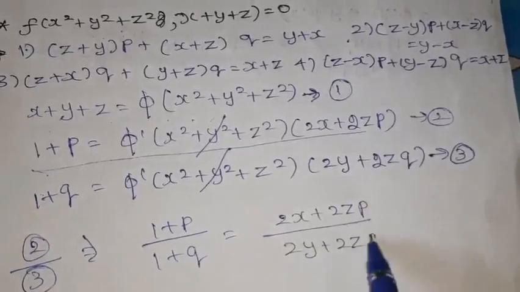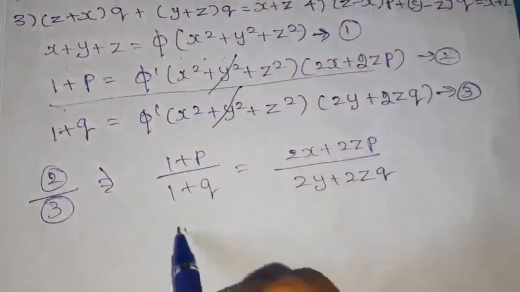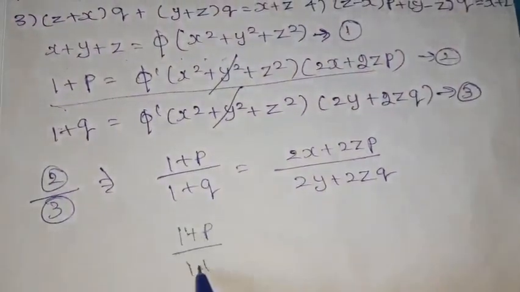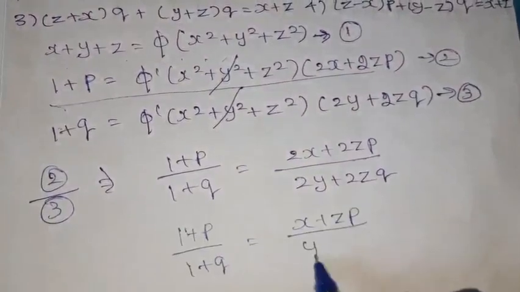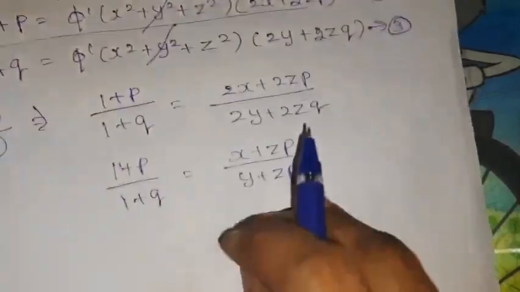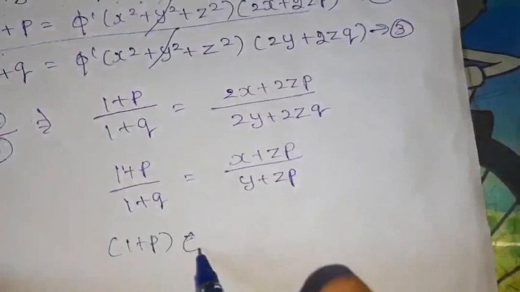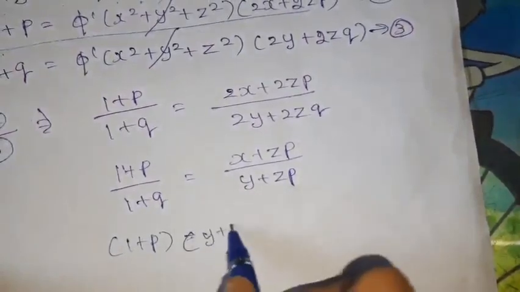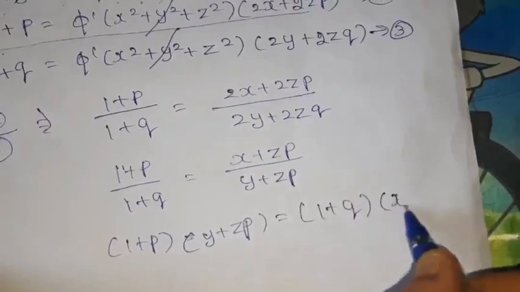It is a multiple of 2. So how can we write? x plus zp over y plus zq. Then what we need to do? Cross multiply on both sides. 1 plus p into y plus zq equal to 1 plus q into x plus zp.